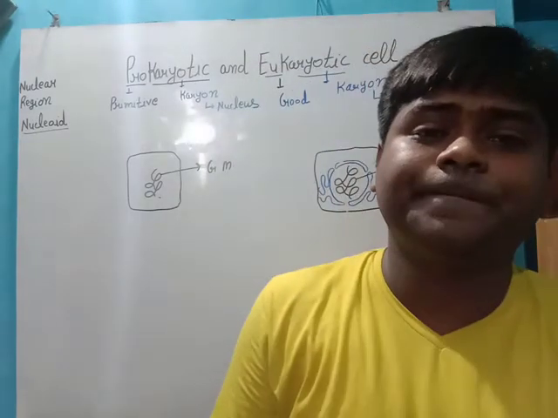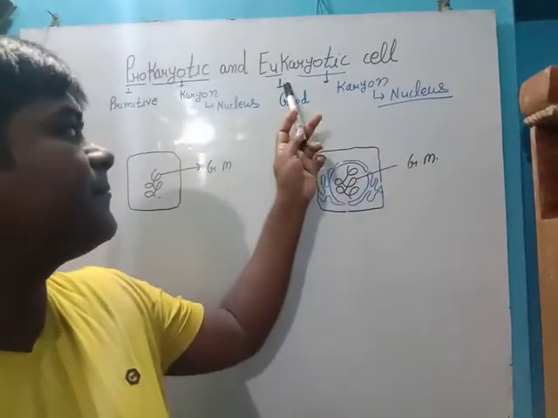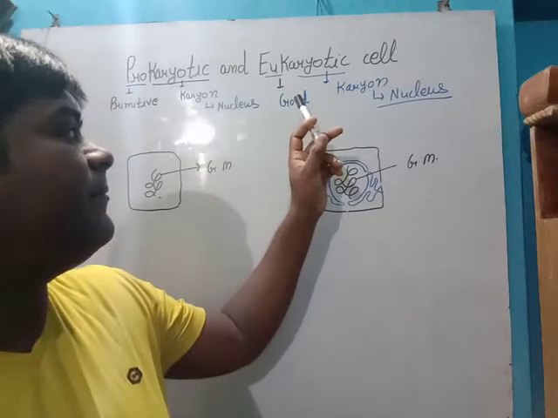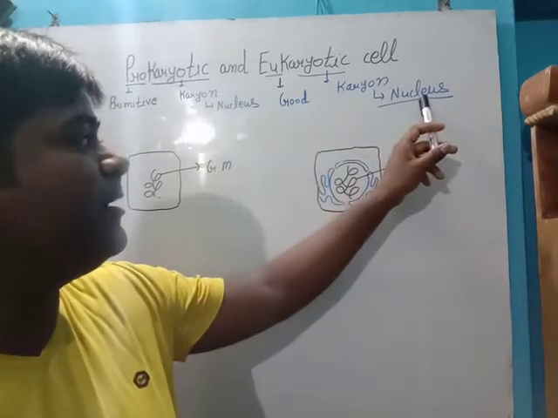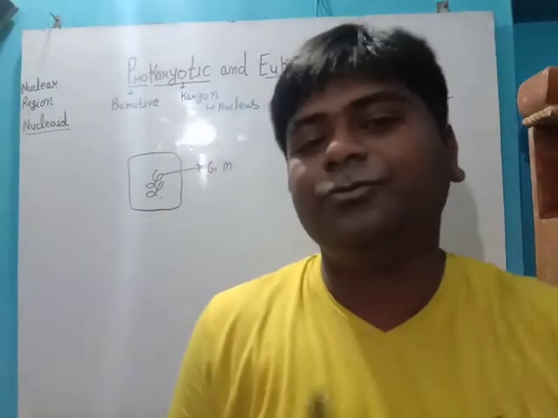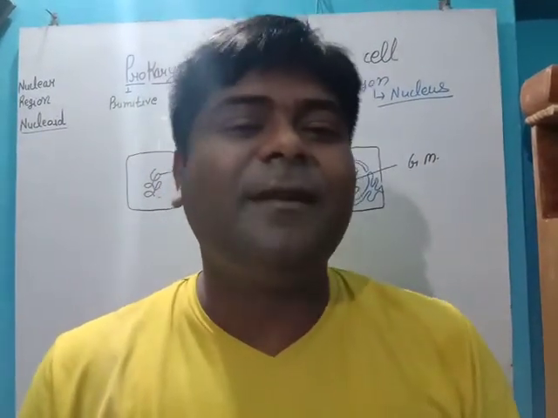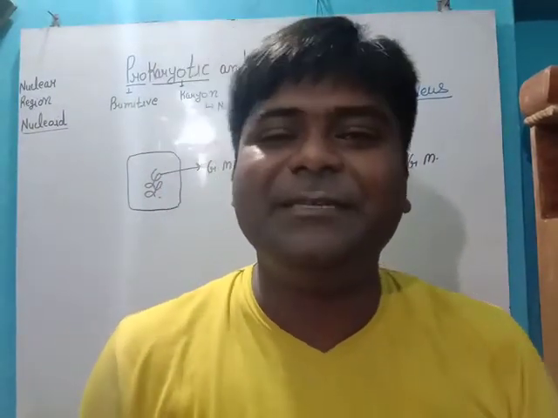Let's define: cells having a well developed nucleus are known as eukaryotic cells. That is the very simple definition.